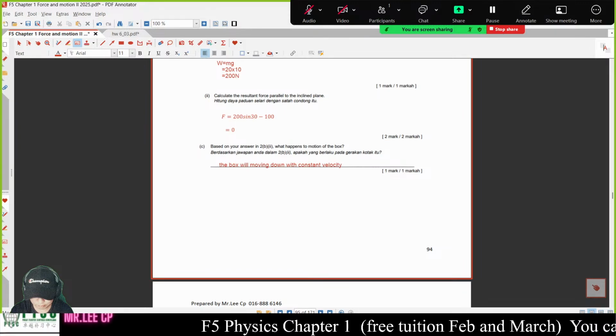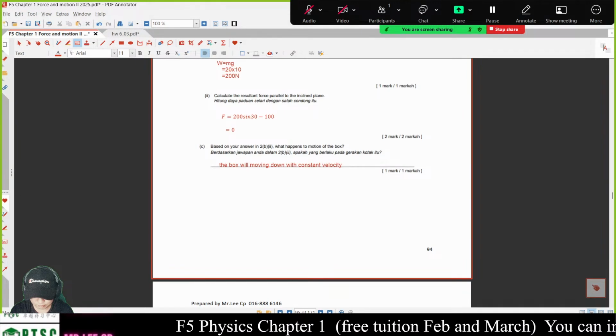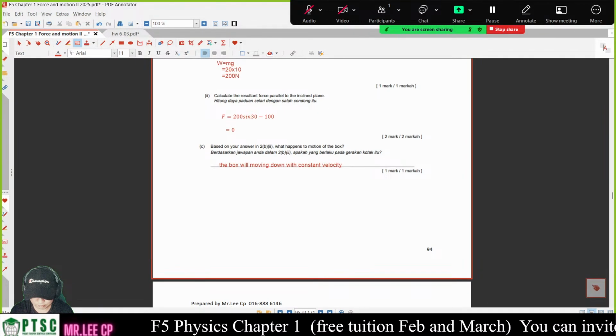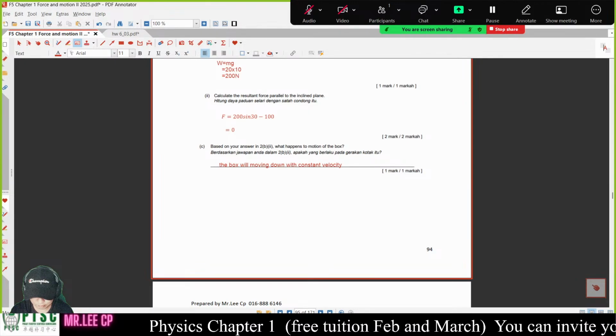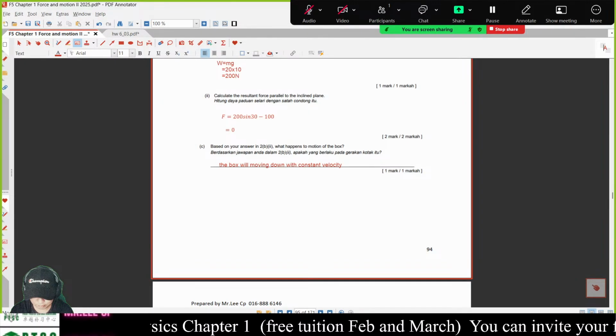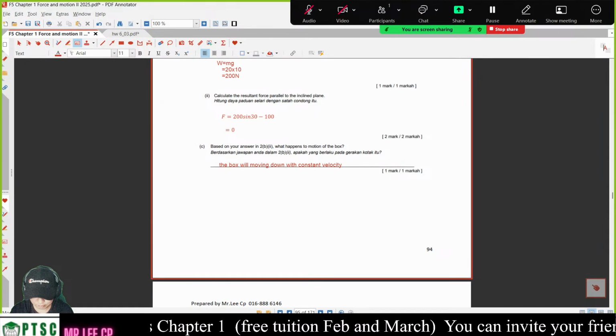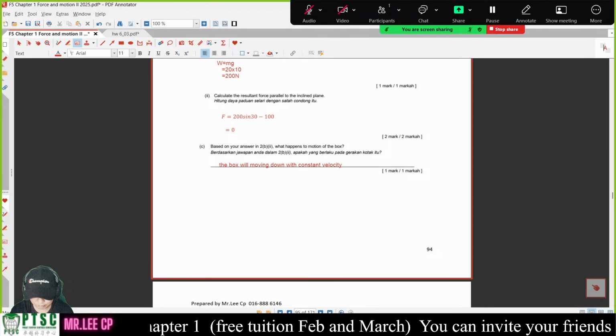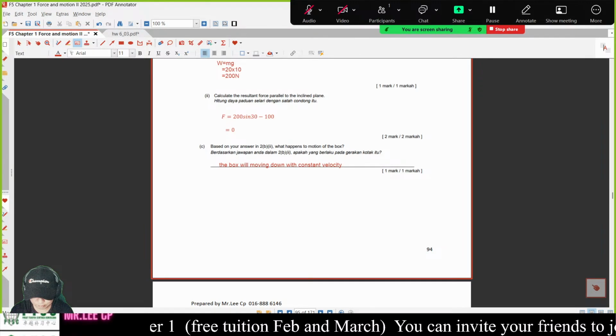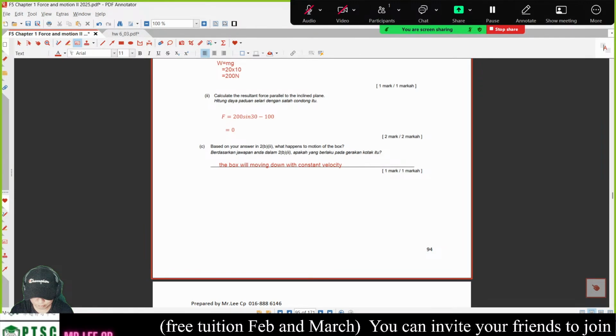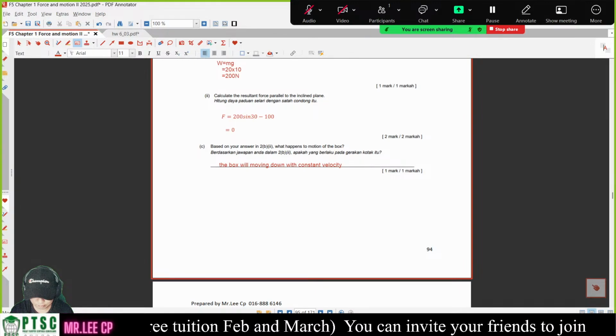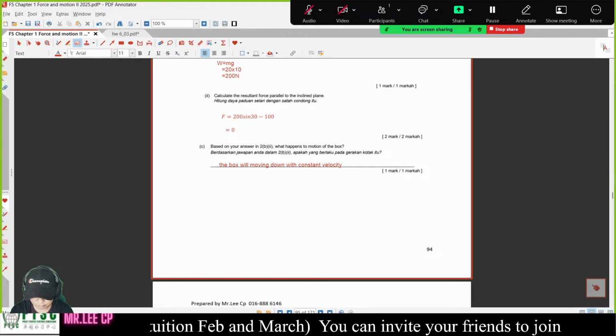It can be stationary or moving down with constant velocity, no worry. If just now you got this one negative, then you have to say stationary. If this one is 0, it is either stationary or constant velocity, both. Good, very good.